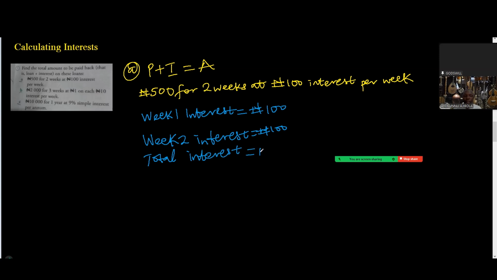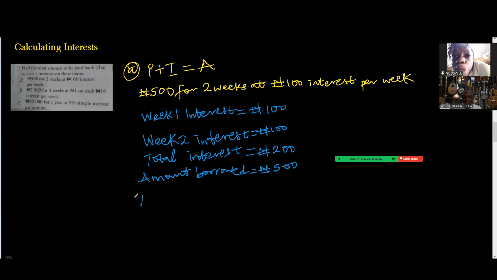So the total interest is going to be for the 2 weeks, it's going to be 200 naira. Then the amount borrowed is 500 naira. 500 naira was borrowed.